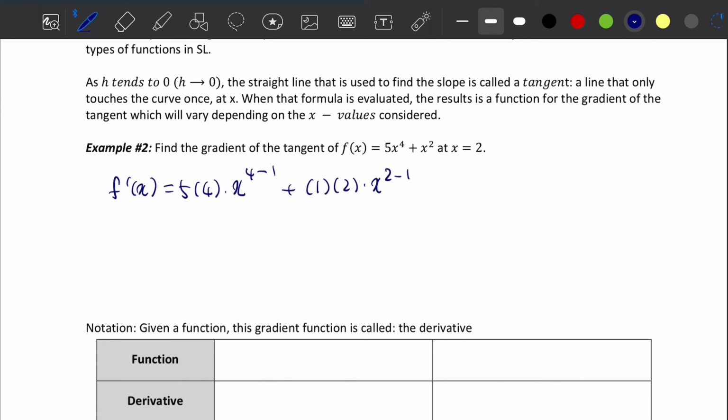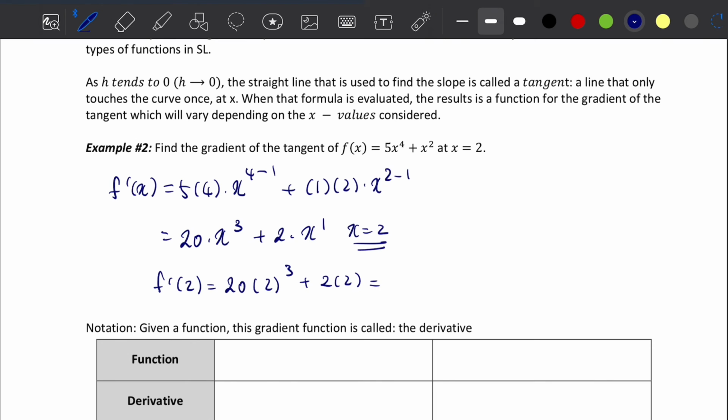This is the same as 20 times x to the power of 3 plus 2 times x to the power of 1, right? And the gradient of the tangent is needed when x is equal to 2. So we just have to substitute 2 into our derivative. Then we get 20 times 2 to the power of 3 plus 2 times 2, which equals 164. So this is the gradient of the tangent of the function f of x.